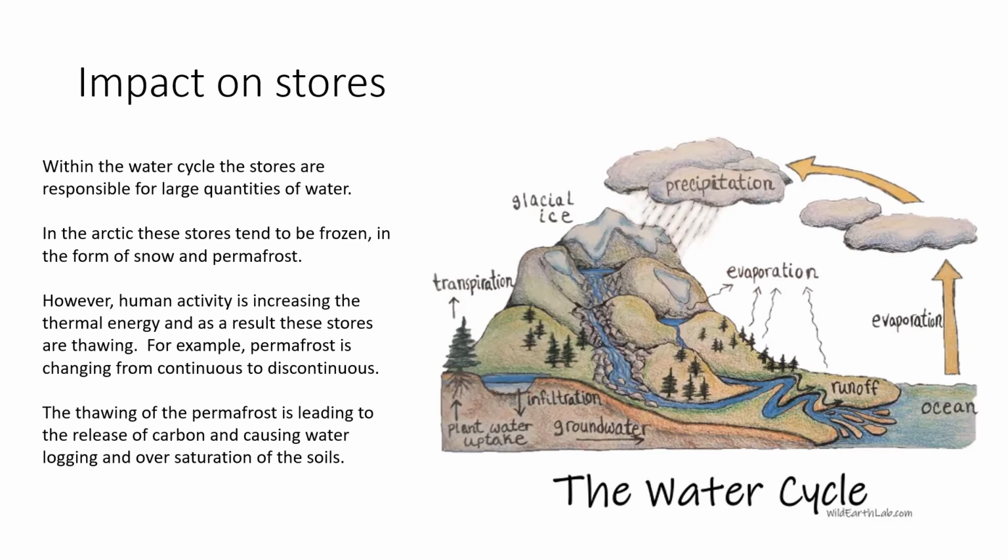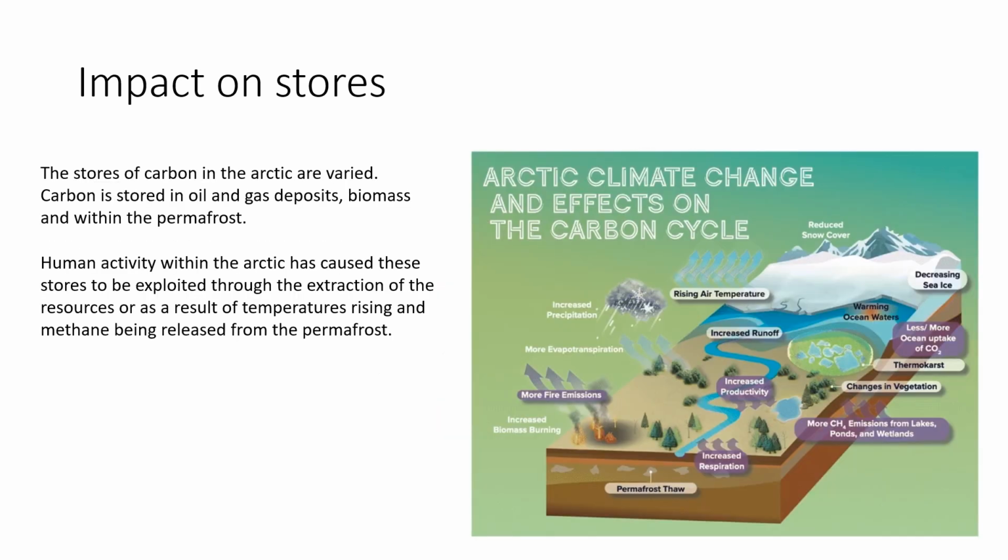And as we've already mentioned, that permafrost is thawing, and we're having less and less continuous permafrost, more discontinuous permafrost. And that is releasing water and increasing runoff and saturation within the soils, development of lakes, as we'll talk about a little bit later. So the stores are changing from a solid to a much more liquid form of a store.